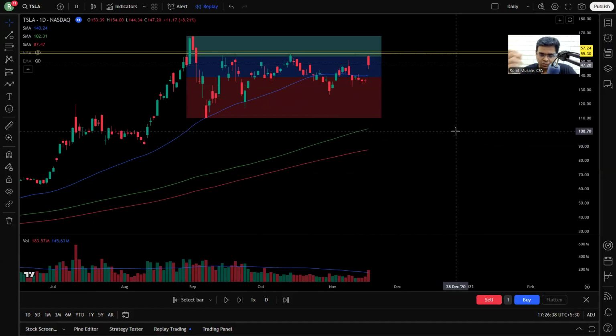We expect the stock to give us some time window to buy the stock, and we expect the stock to close above that yellow band on high volume on the closing of the breakout day. That is what we expect the stock to do. As long as the stock is doing what we expect it to do, we have to hang in there. If the stock does not do what we expect it to do, we just sit on cash, relax. There is no hurry here.